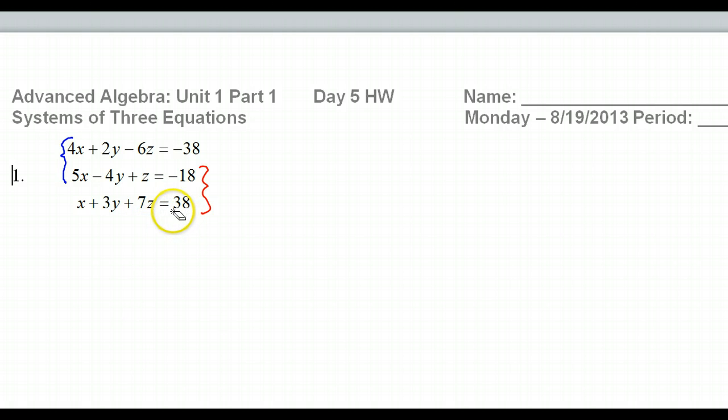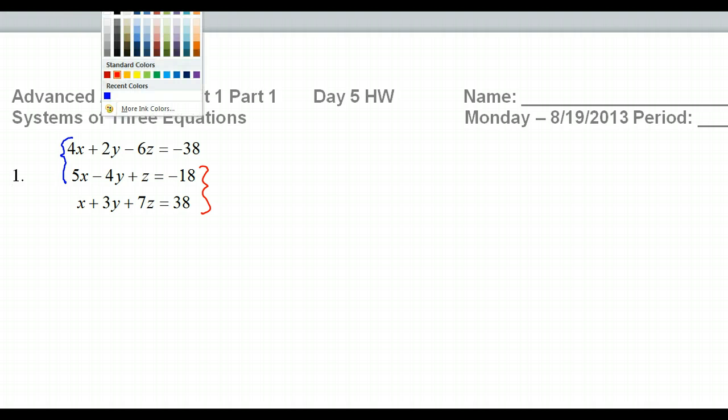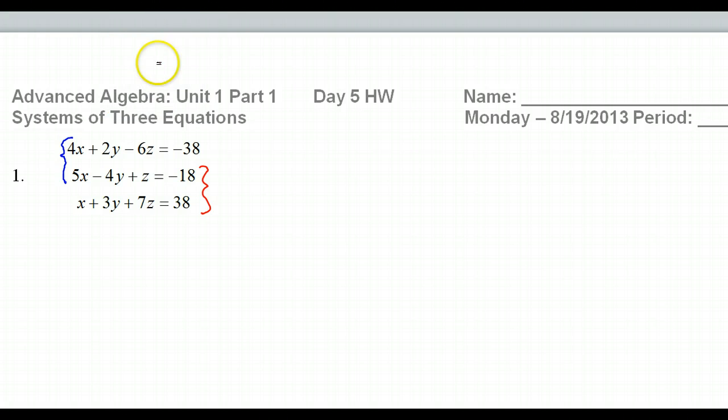You can also do the substitution method, but we'll save that for tomorrow's lesson. Now, when you do the elimination method, you have to decide right from the beginning which one of these variables you want to eliminate. So I like picking a variable that has no leading coefficient other than 1 in both equations. For example, look at this z right here.